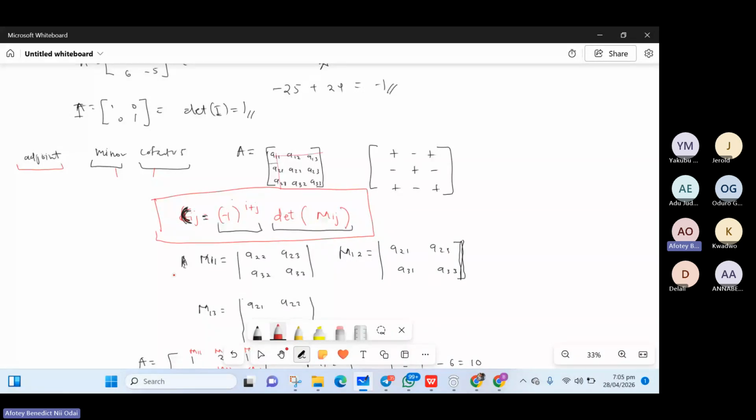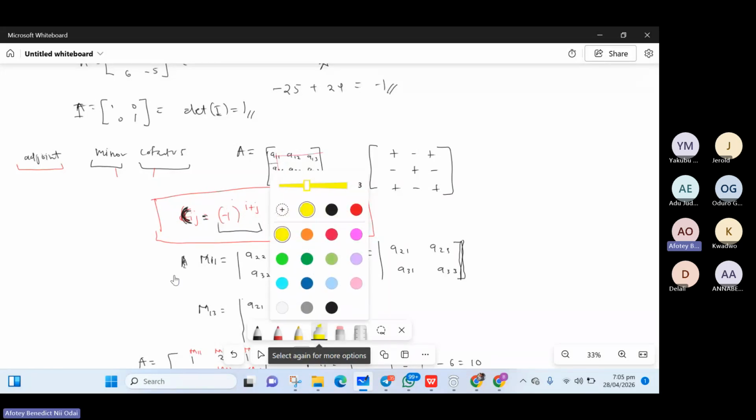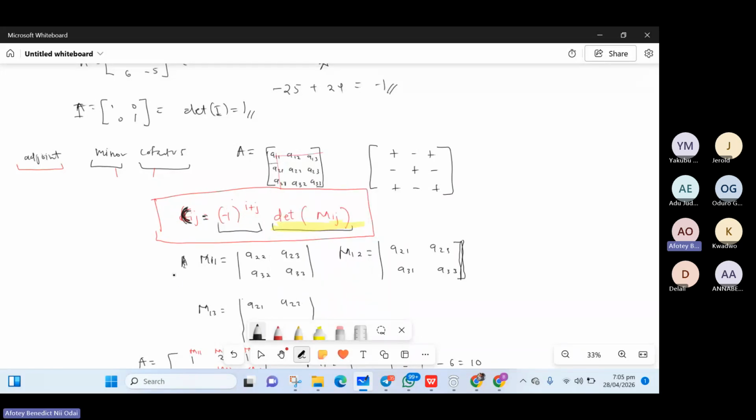And this thing here is basically the formula for the entry of a minor. So we are saying, find a matrix of minors.